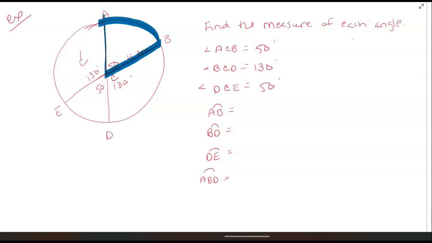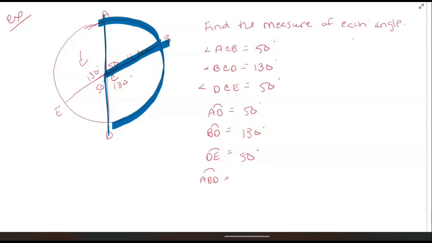So that would also be 50 degrees, right? If it's hard to see, just extend out your sides here, and the intercepted arc would be BD, and that would be 130. Similarly, DE would be 50.